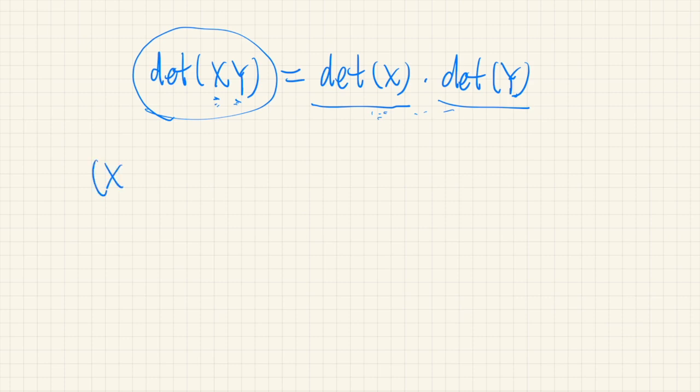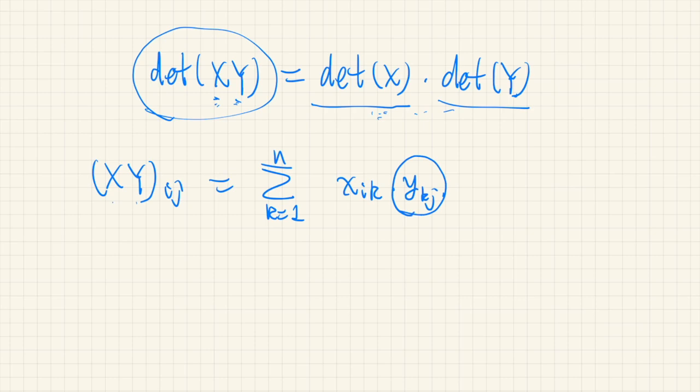First of all, calculate the ij component of the product xy. According to the definition of matrix multiplication, it's something like this: we have x_ik and y_kj.